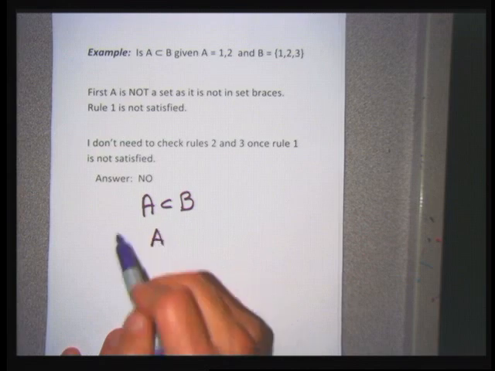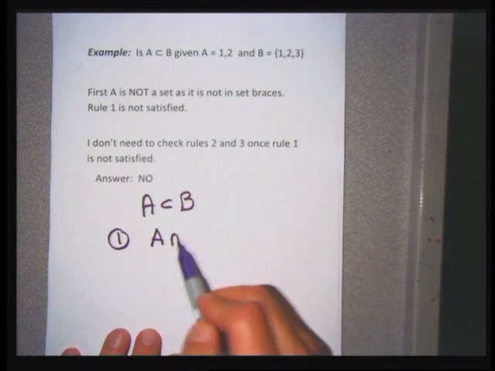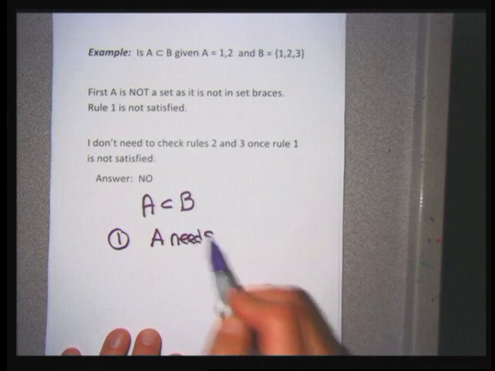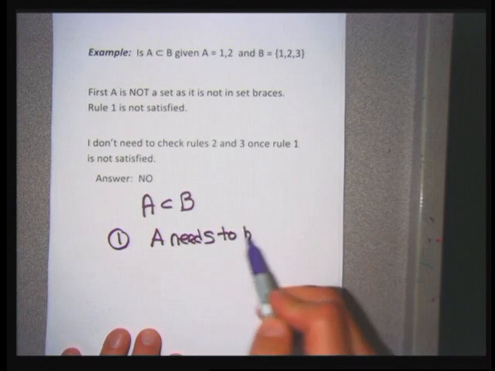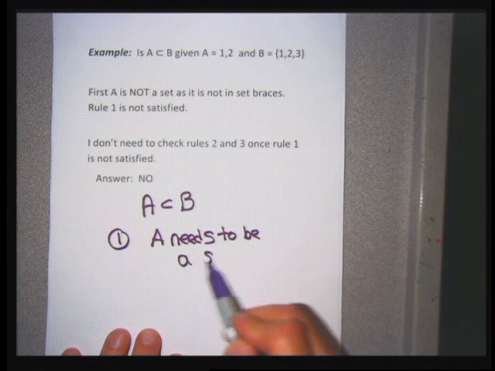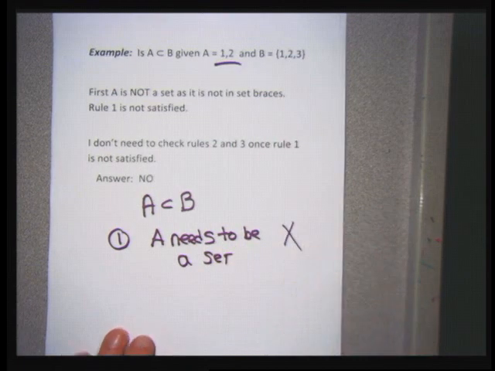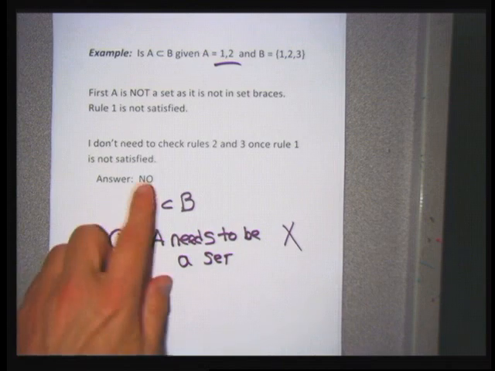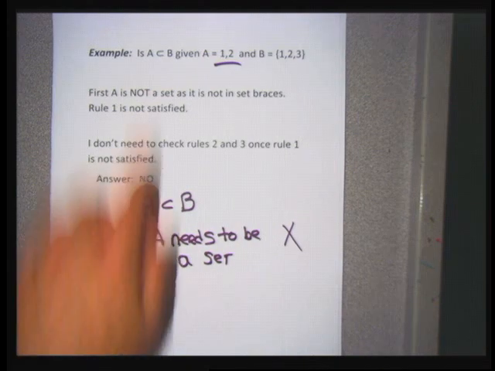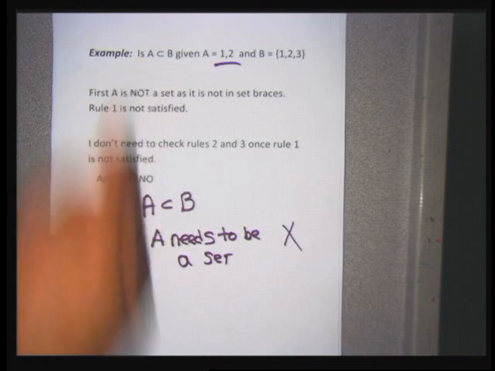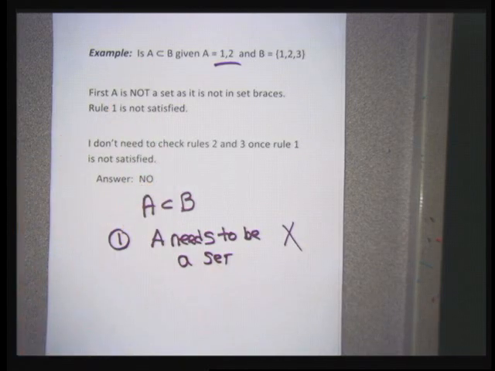First, A needs to be a set. When I look at A, it's not written in set braces, so it's not a set. I stop when one of the rules is violated. A is not a proper subset of B, so I answer no.